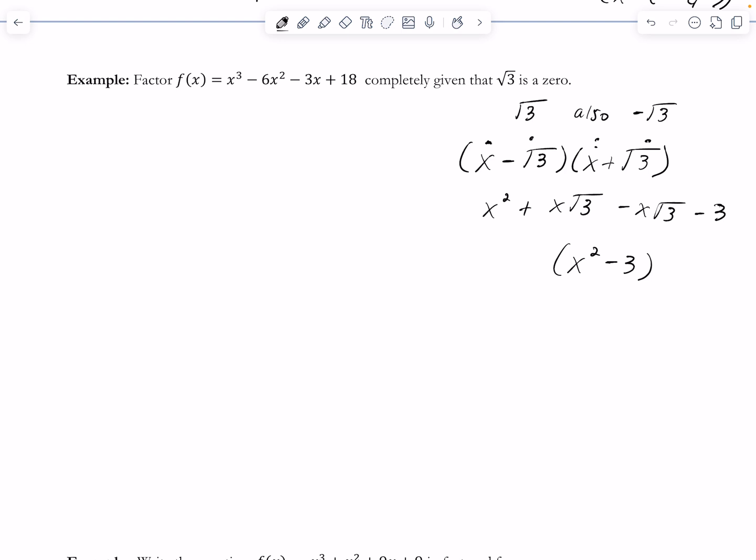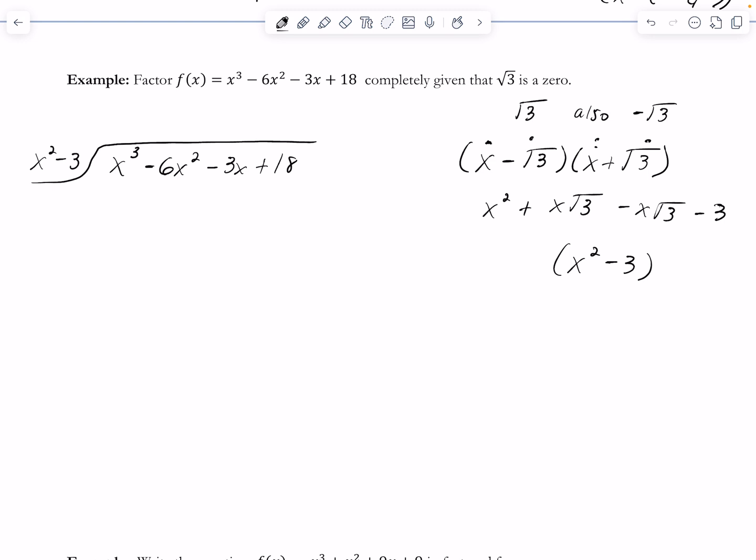All right, now I'm going to figure out the other factors of this by using division. So I'm going to make x squared minus 3 my divisor, and my dividend is x cubed minus 6x squared minus 3x plus 18. So this is just a throwback to long division, just to show you that you can use long division here.